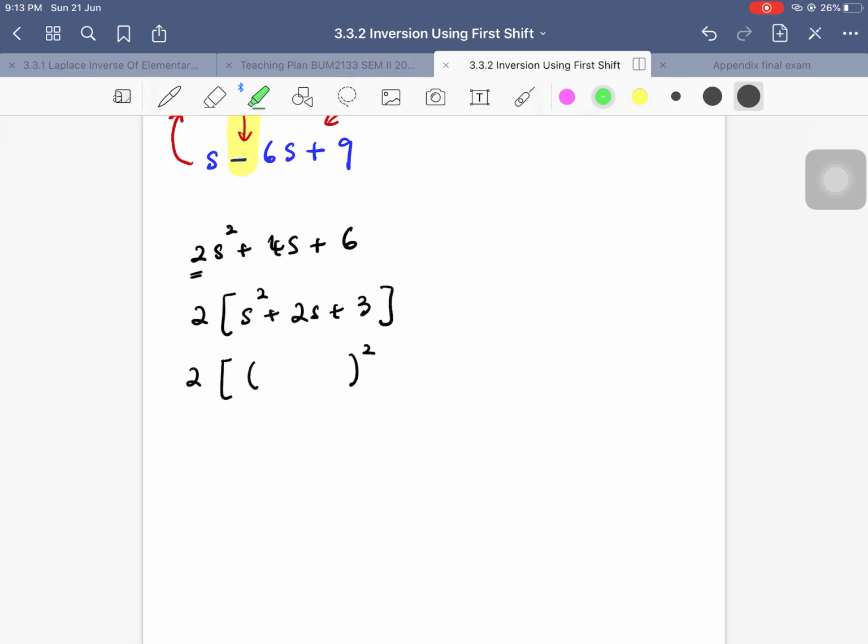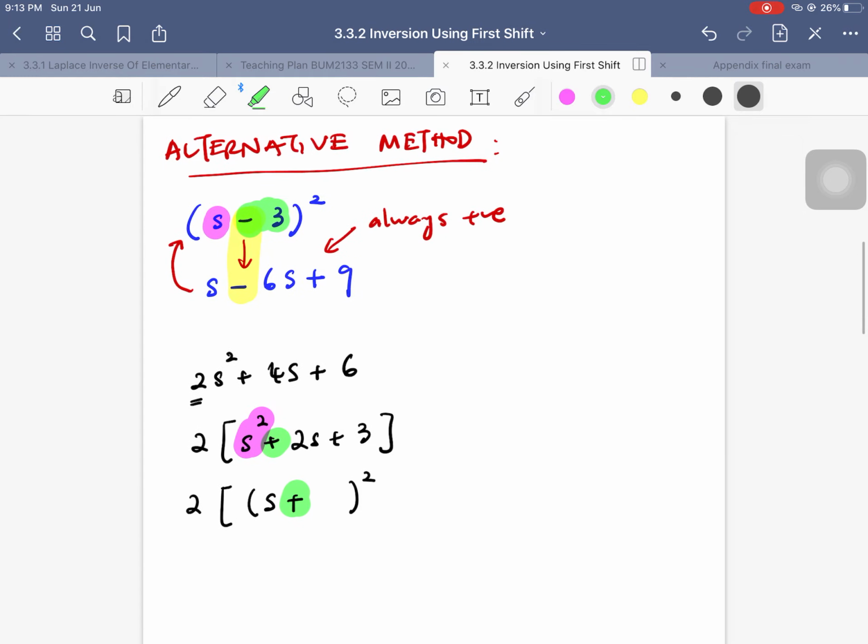I know that the first term is going to be s squared, because it is s raised to the power of 2. And the sign, as I mentioned just now, is going to be the same. If this is a plus, this is also supposed to be a plus. Between these two, what is the relationship?